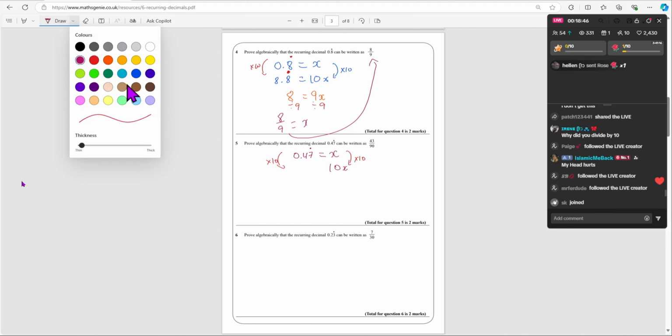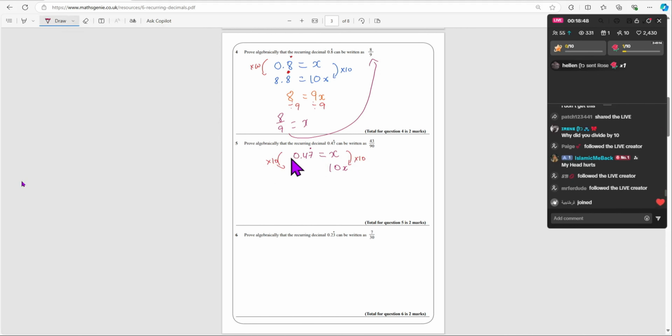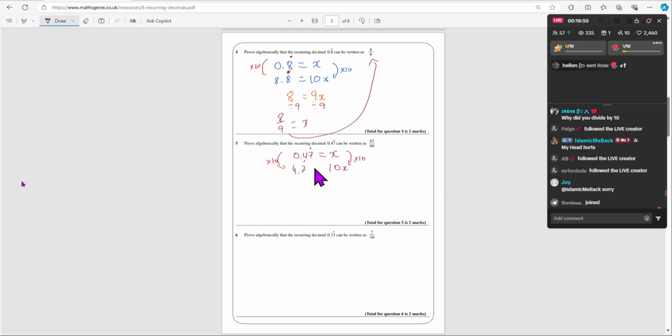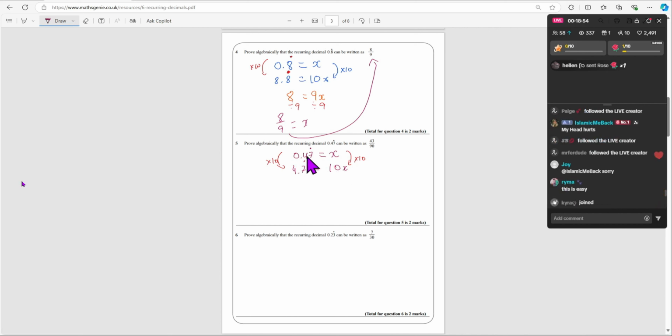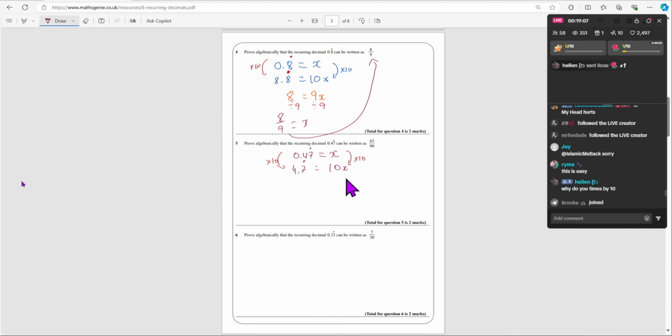So we will get 4.7 recurring is equal to 10x. We're going to multiply by 10, moving the decimal place. That's how we multiply by 10. And then we can multiply it by 10 another time.